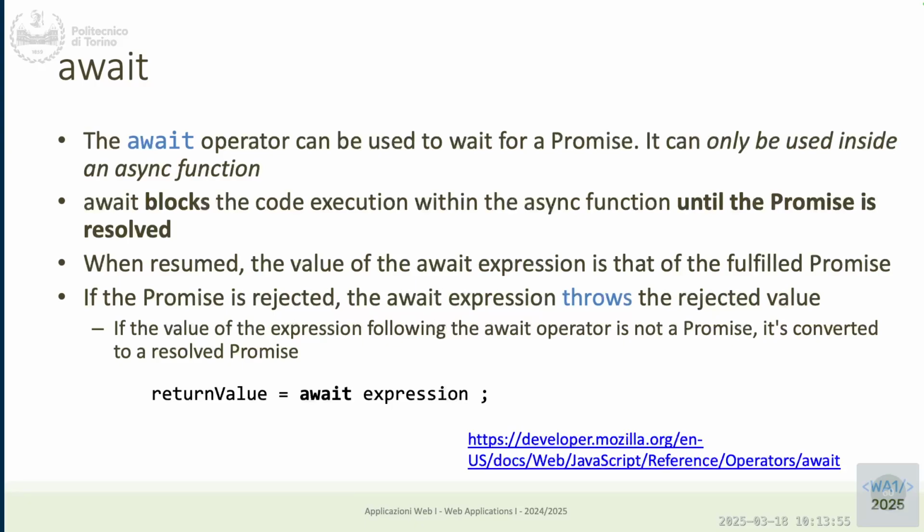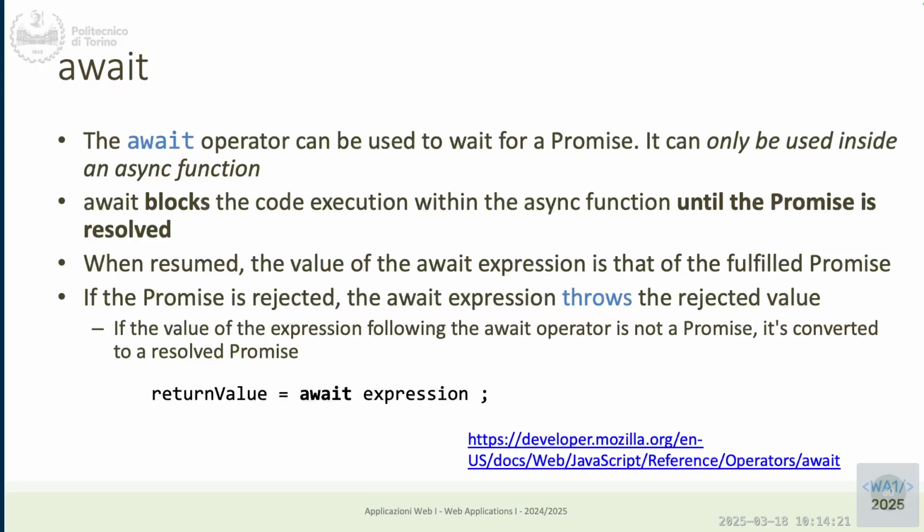So normally we were used to saying promise.then, and in the callback of the then we say what we want to do. Instead, await will stop the execution and put the rest of the code of the function into an implicit then portion of the code itself.